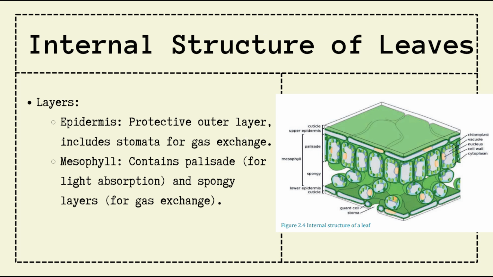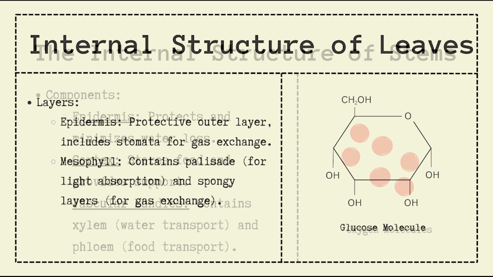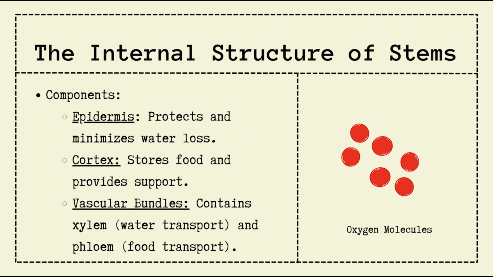The palisade cells are packed with chloroplasts for absorbing light, whereas spongy cells have spaces for gas movement. And all of these work together to make photosynthesis possible.